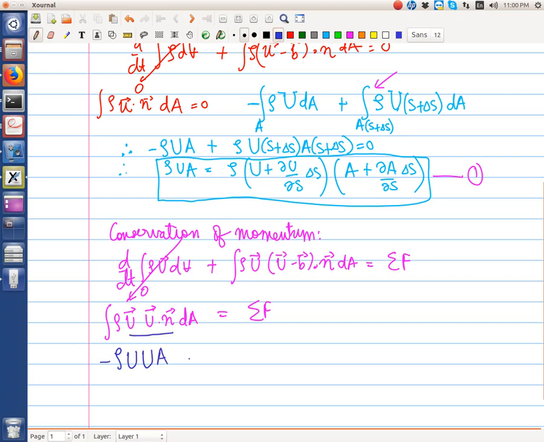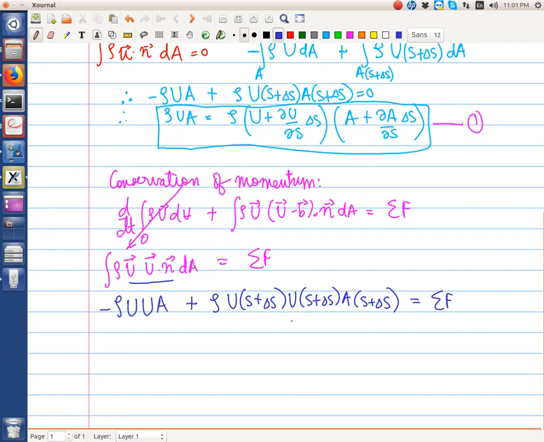This whole term will become this. On the right face, it will be rho times u at s plus delta s, u at s plus delta s, multiplied by a at s plus delta s. Okay. Now this will be equal to summation of F. We'll come to what summation of F will be. So let's expand this for now.